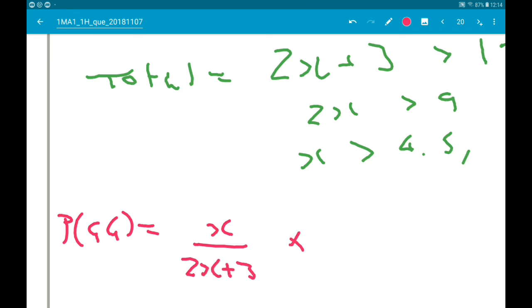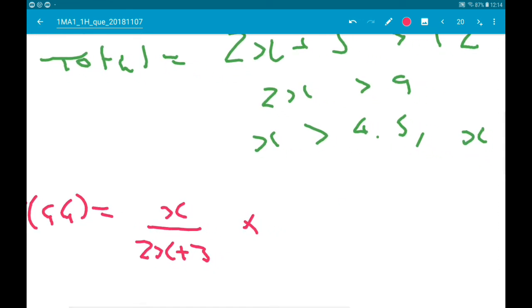And then taking a second green, well, there's going to be 1 less green in there and 1 less pen in total. So that's going to be (x minus 1) over (2x add 2).